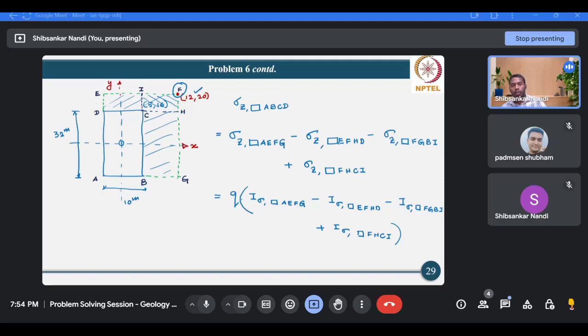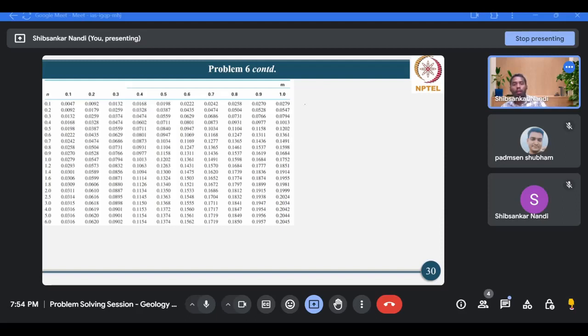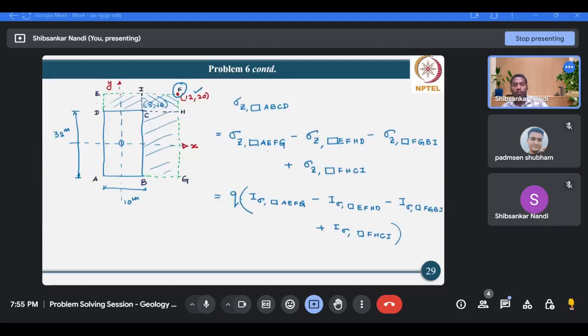We'll see only one example of how we can calculate the stress influence factor, for rectangle AEFG, the largest rectangle.